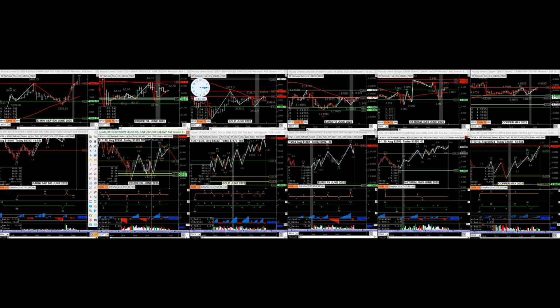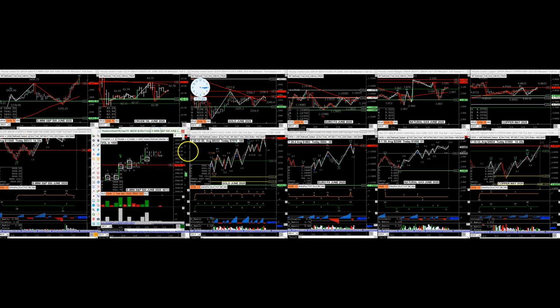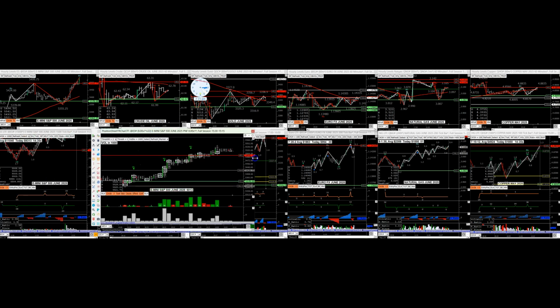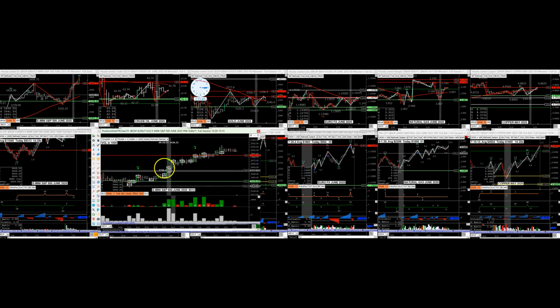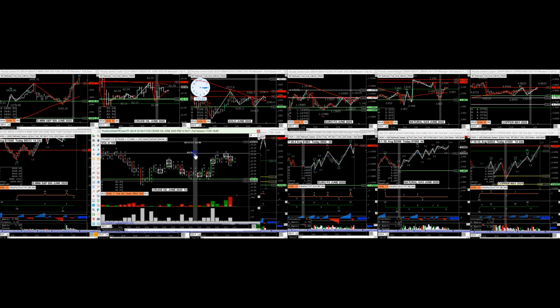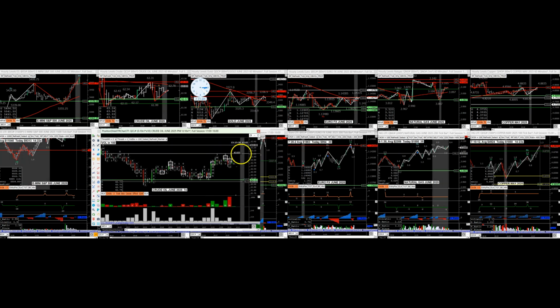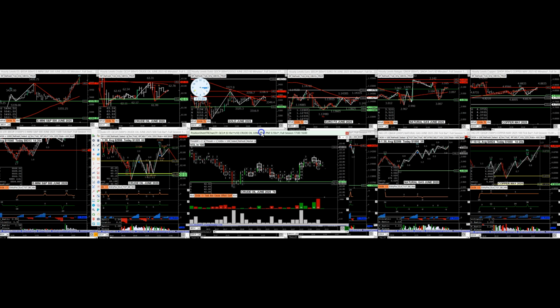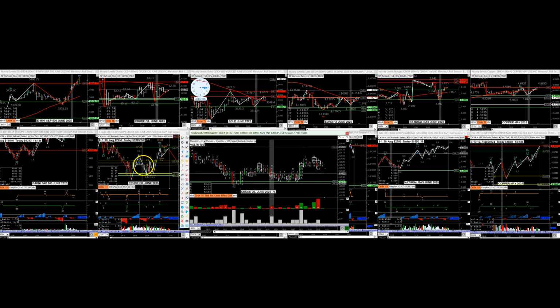All right, so now let's take a look at that. This is the Wyckoff tapering chart, and let's just go to crude. So you see the rally, now it's pulling back. Rally, pull back.